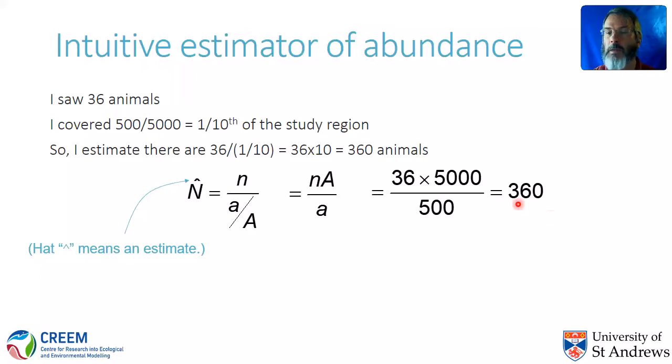We produce the same estimate. So I hope you understand that plot sampling or strip transect sampling allows us to come up with an estimate of population size based upon what we see in the portion of the study area that we visit.